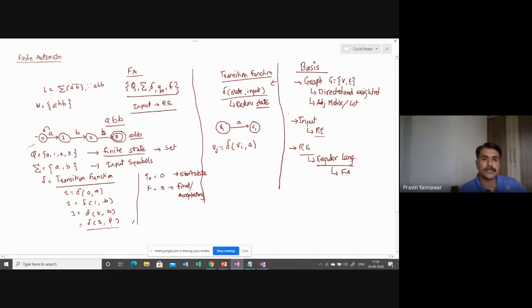So q0 is 0, F is your 3, and this is the transition function. If you look at this, q0 is part of Q. F is part of Q. So 0 and 3 both are part of Q. So I hope you understand this.